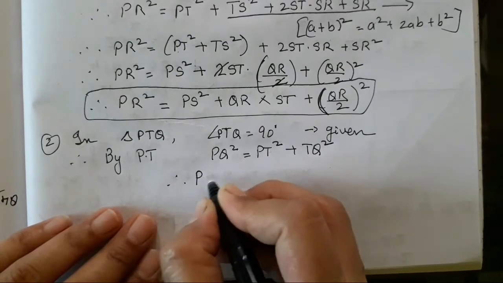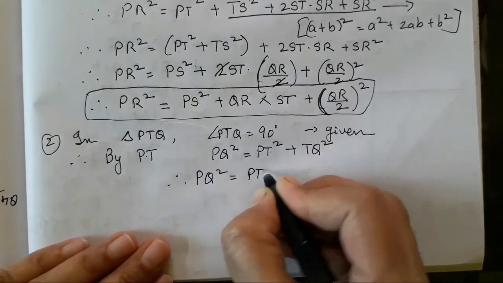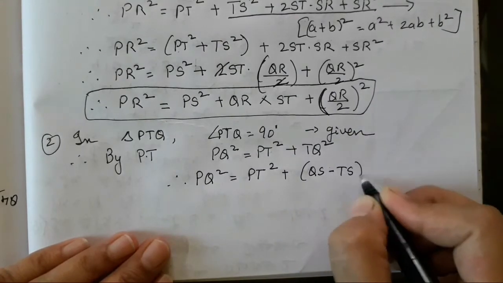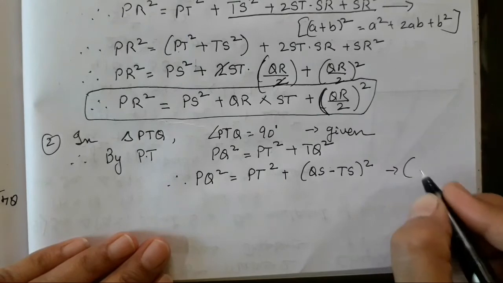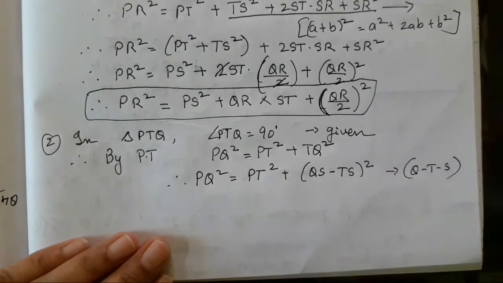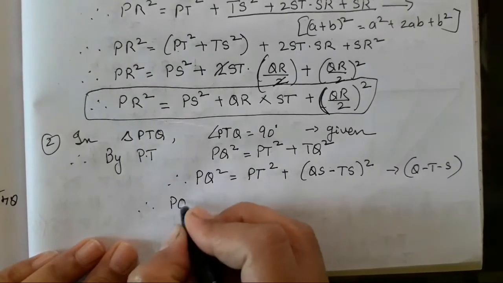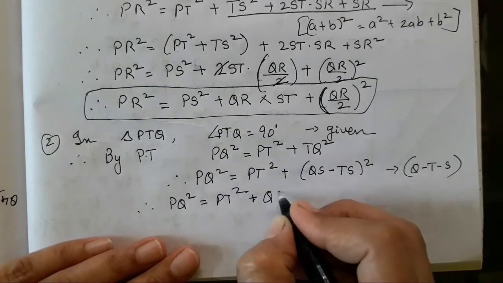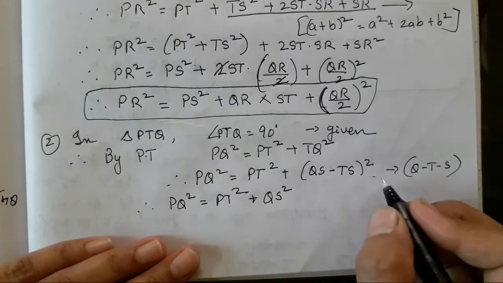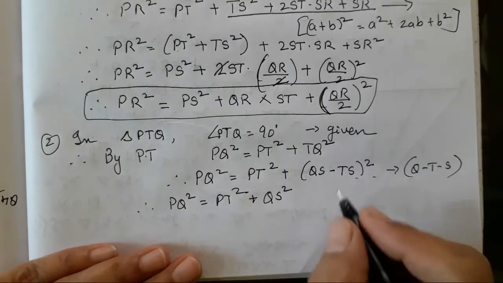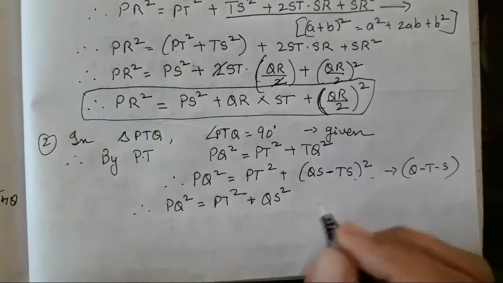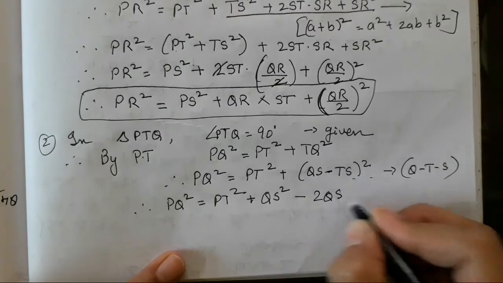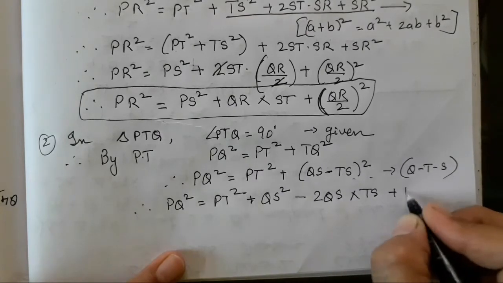Therefore PQ square is equal to PT square plus, in the diagram, children, (QS minus TS) whole square, because T is between Q and S. Therefore PQ square will remain as it is, PT square plus (QS minus TS) square. Now again you have to use the formula, but here it's minus, so you have to use the minus sign. So it's going to be QS square minus 2QS into TS plus TS square.